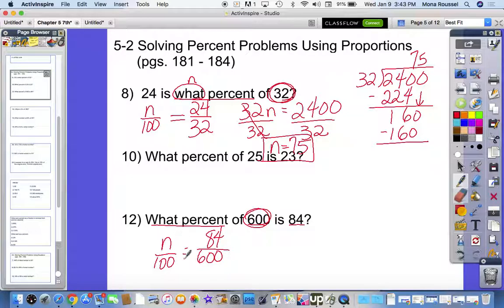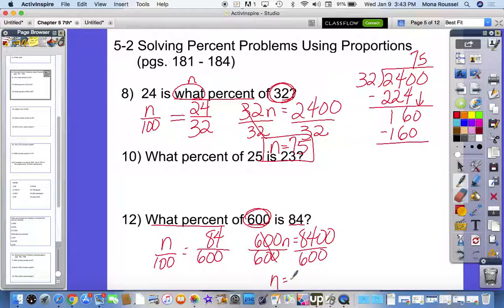So we cross multiply. We multiply n times 600, which is 600n, and we multiply 84 times 100, which is 8400. Then we divide both sides by 600 to solve the equation.